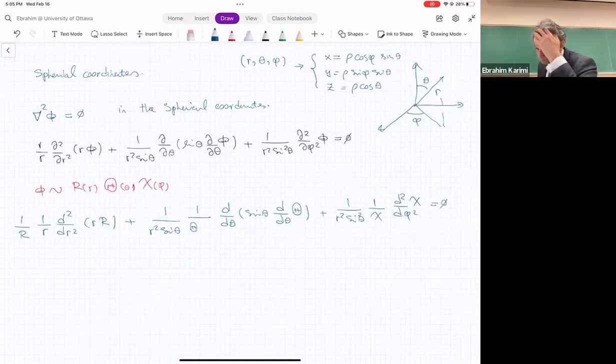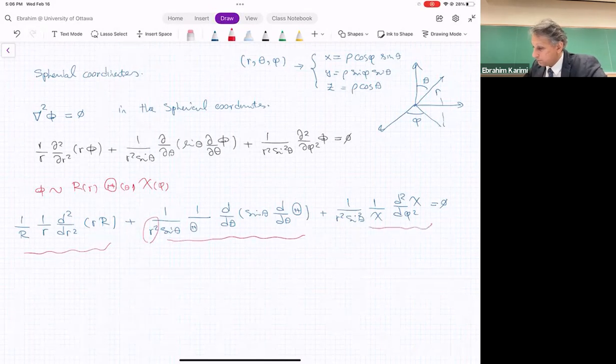All right. Good. What is that? It is a function of r only. This one is a function of theta and r square.